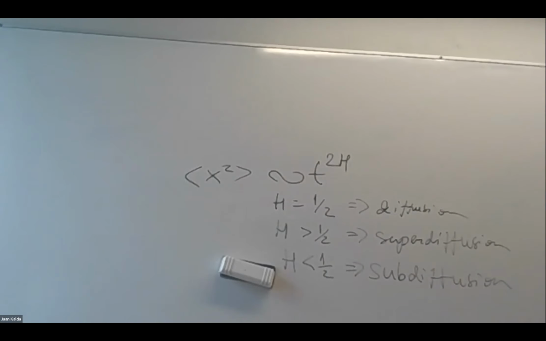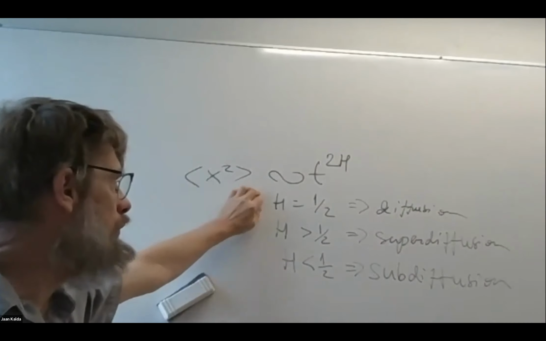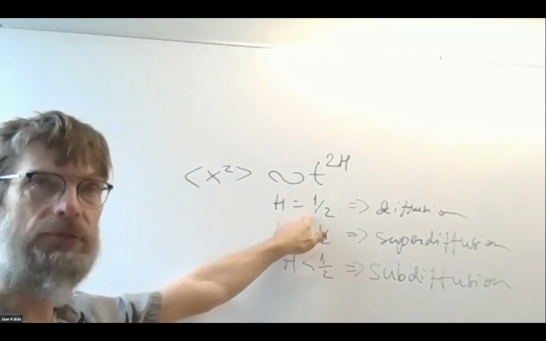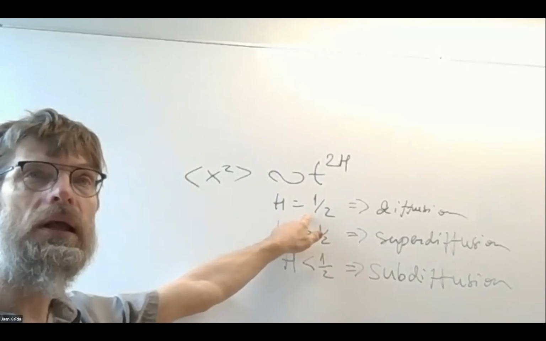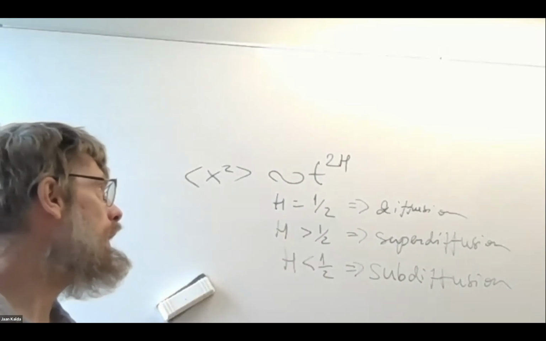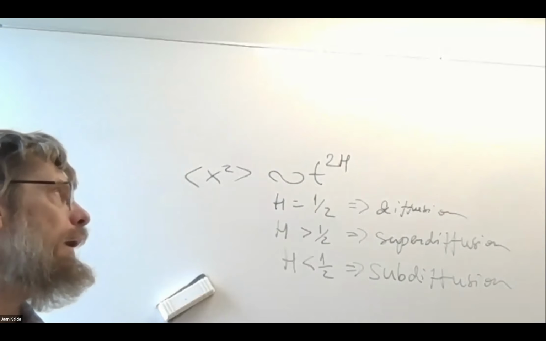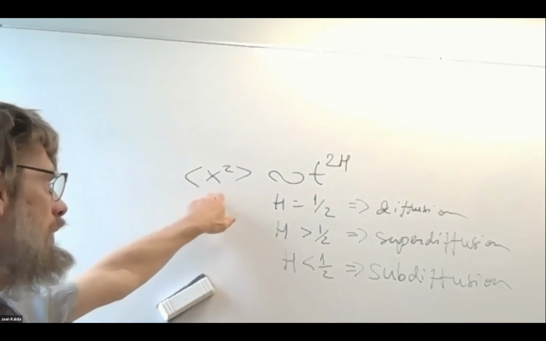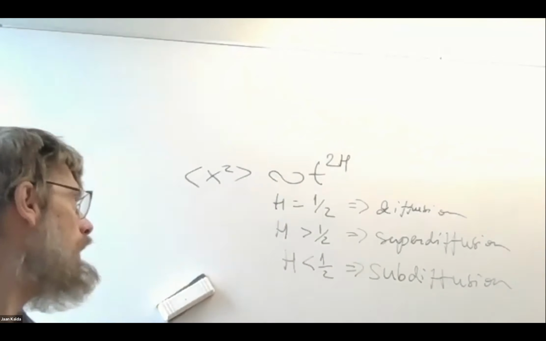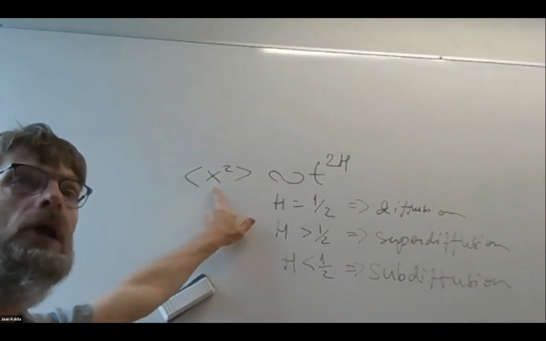Actually, this is a simplification in the sense that not anything which goes like power 1/2 is necessarily strictly diffusion. What can go wrong here is that we have x squared goes like t to the power of 2h, but if we take another power, not the second power, then what?